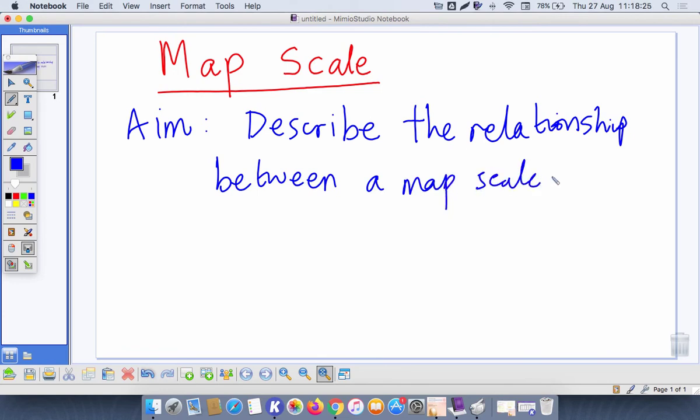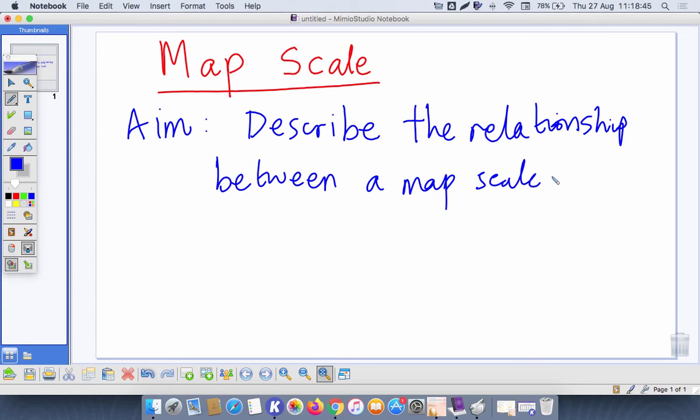Now, you'll be using the same map scale given to you as you are calculating distance, but this time they'll be asking for area. So I'm going to use an example to establish that relationship.